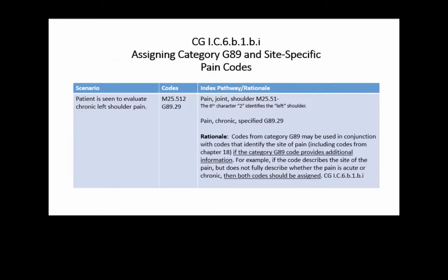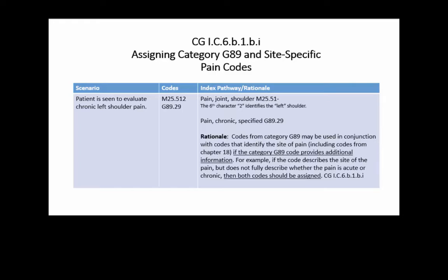In this scenario, the patient is seen to evaluate chronic left shoulder pain. You're evaluating the pain. What the guidelines tell us is that G89 would be used in conjunction with codes that identify the site of pain if the category code provides more information.